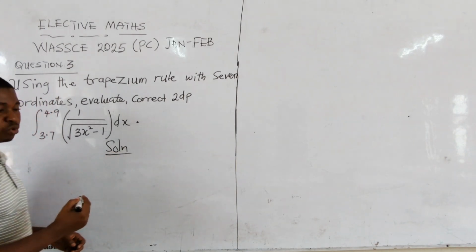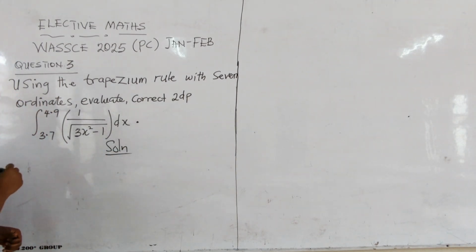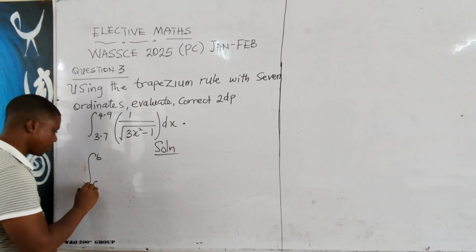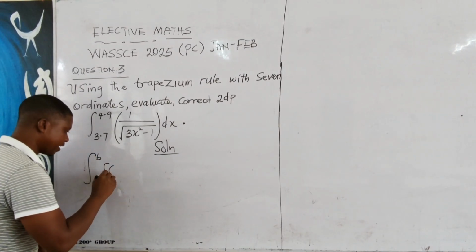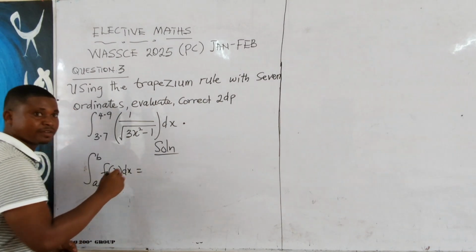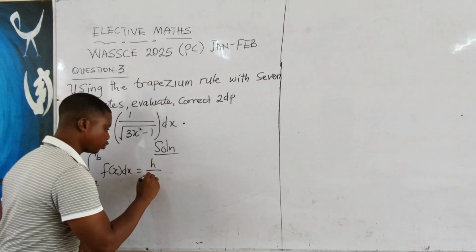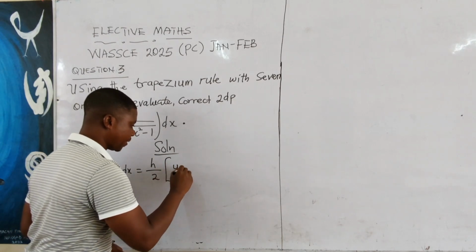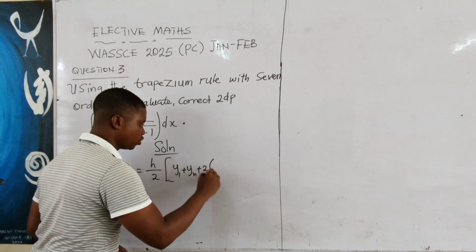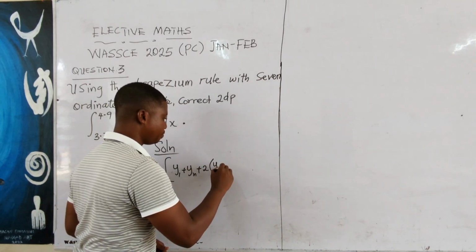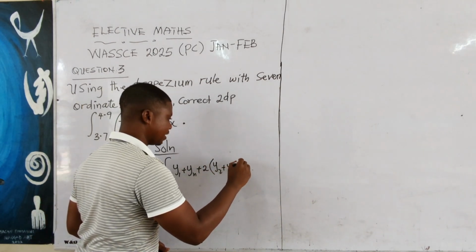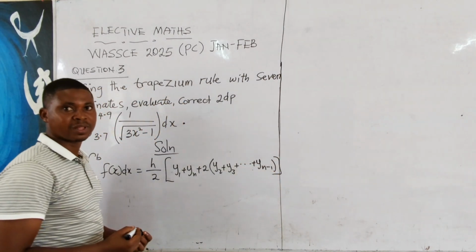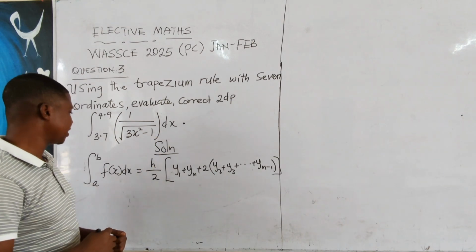With the rule, we have the formula: the integral from a to b of f of x dx equals h over 2 times (y1 plus yn plus 2 times the bracket y2 plus y3 plus up to yn minus 1). So this is the formula we are going to use in solving this question.